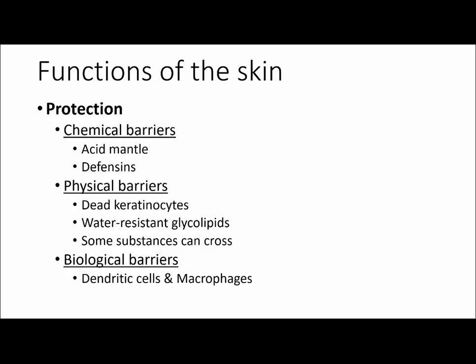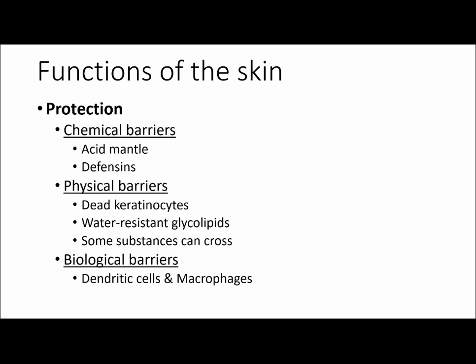When we look at how it acts as a physical barrier, we have that really thick layer, that stratum corneum, that has 20 to 30 layers of those dead keratinocytes. So the dead keratinocytes in themselves act as a physical barrier to prevent things from getting into our body just from the skin surface.